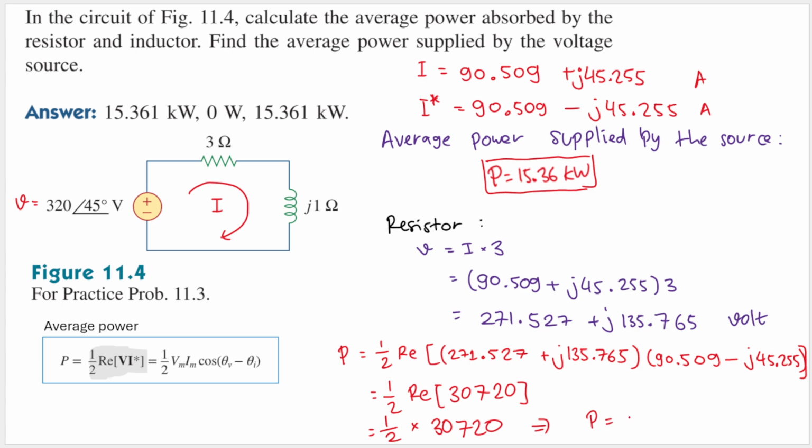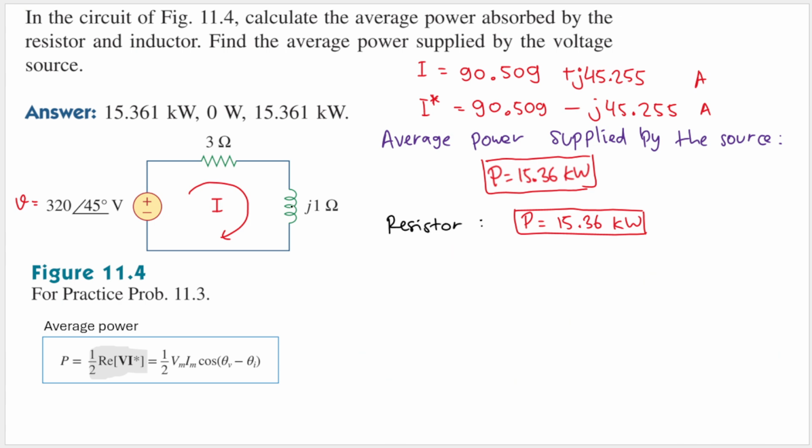The power is 15,360, and the unit is watt. But if we want to make it in kilowatt, we'll have P is equal to 15.36 kilowatt. Okay, and this is by the resistor. We still have one more, which is the inductor. Okay, let's clean this up.